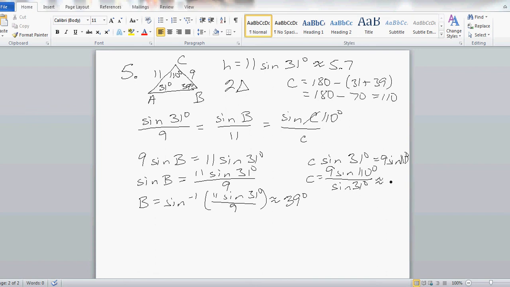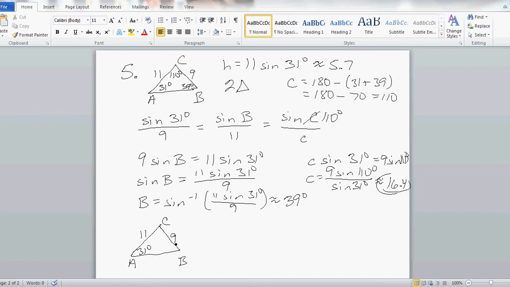And rounding to the nearest tenth, we get 9 sine of 110 degrees divided by the sine of 31 degrees equals 16.4. So that's one possible value for c. But now we have to deal with the other triangle. Now the other triangle is still going to have angle A be 31 degrees, side a 9 and side b 11.